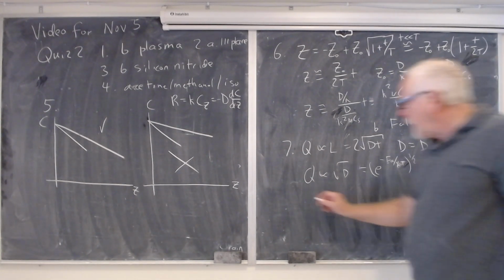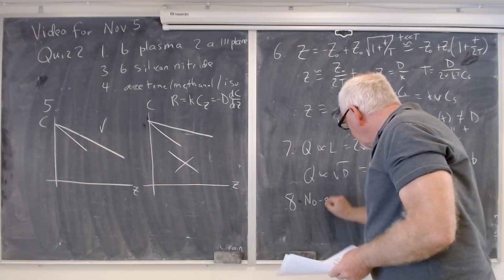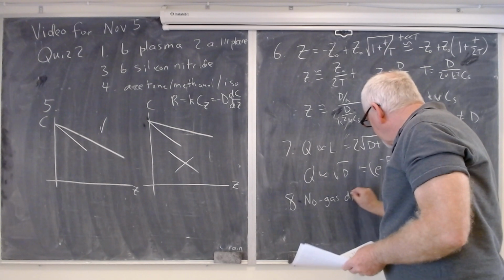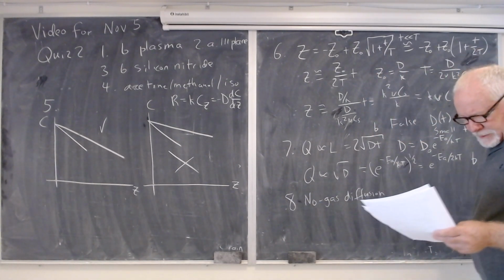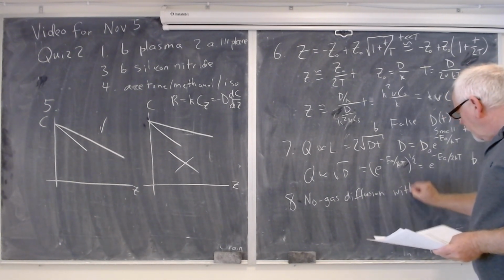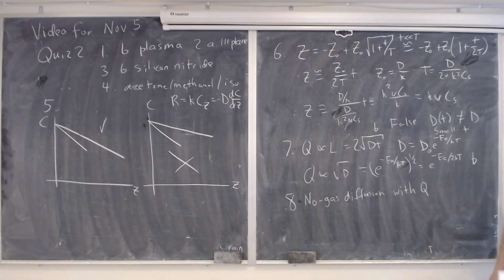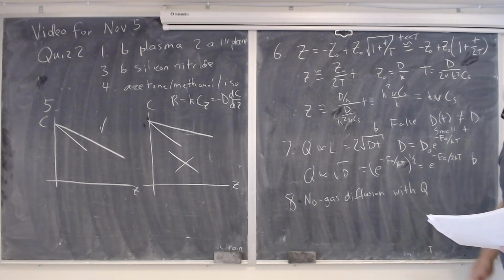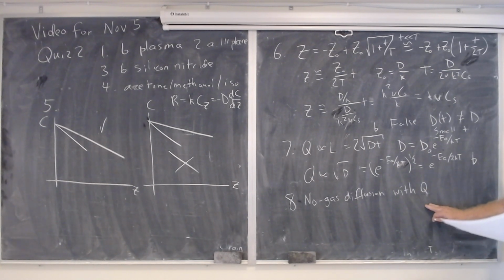All right, and then finally 8. Okay, you have no gas diffusion. And I don't want to use the word trick question with Q. I hope this wasn't a trick question for people, because the whole point is that you're performing a gas diffusion resulting in Q, and then a gas off diffusion.